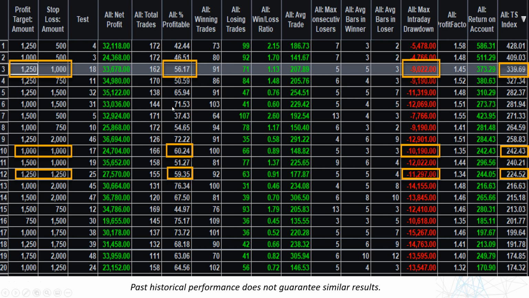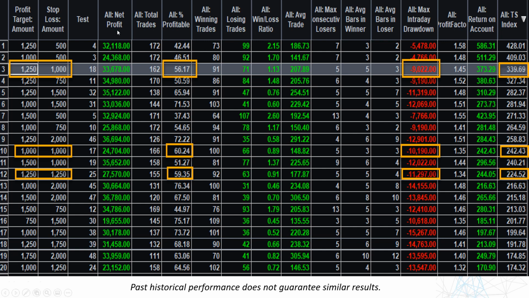We'll talk about some of these higher and lower percentages in a second. And I want to make sure that we have enough trades, so we have to have at least 30 trades. Here we're having about 170 trades over 3 months. If you think about it, you're going to make 170 trades over the next 3 months. That's about 50 trades a month, a couple of trades a day. So it's a pretty active strategy.